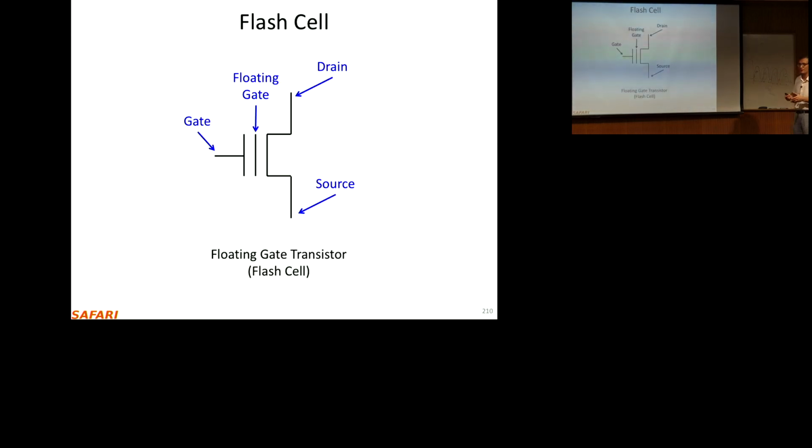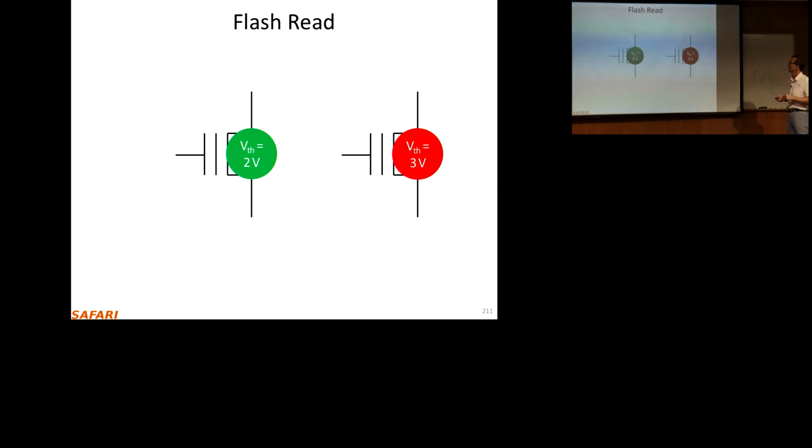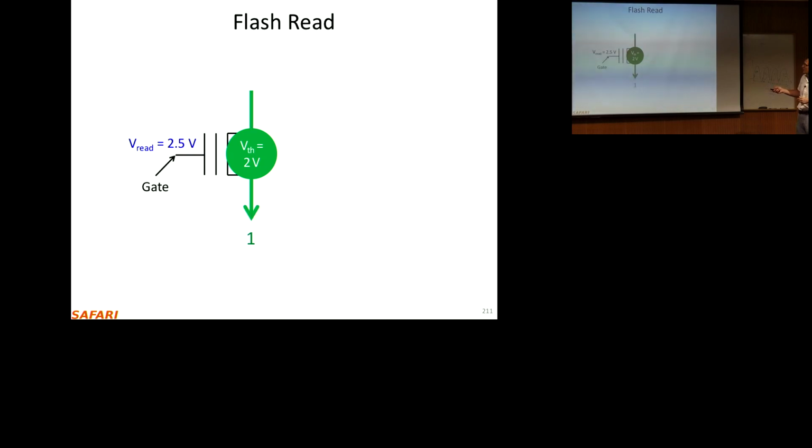You know about that. So if you look at a flash cell, it has the floating gate, the drain and the source. It has a threshold voltage that basically enables or disables it as a switch, if you think about it. If the read reference voltage is greater than the threshold voltage, the flash cell passes whatever value. It acts as a connected switch, so you get whatever is passing over there.